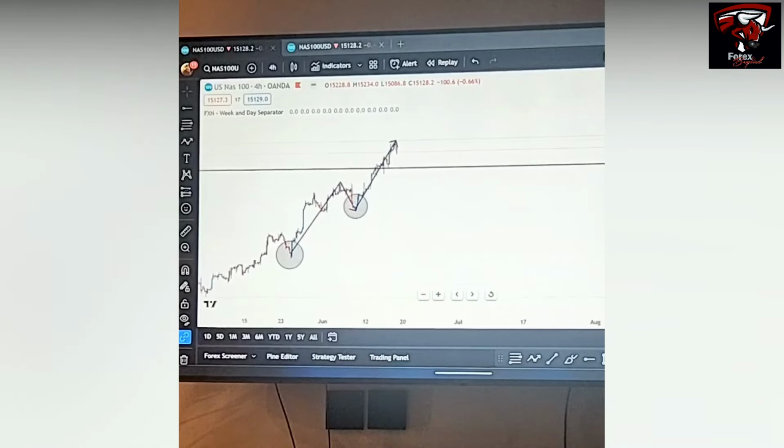So obviously I know price is still going higher. It has not stopped going higher, and we will not see it go any lower before going higher. And I'm looking for something that is going to show me that price is no longer going higher.